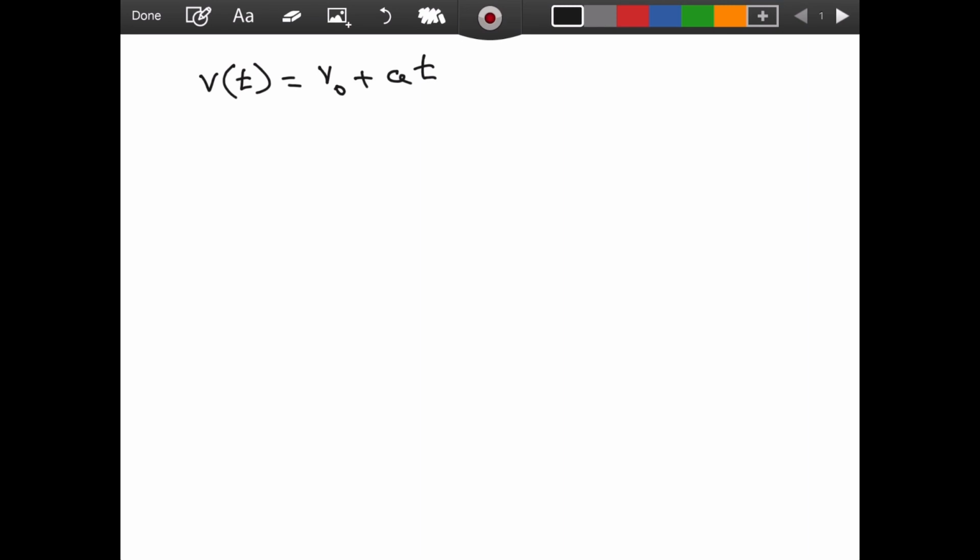But on the last video I did put the arrows, and they are there. These are vector quantities. So using this equation which we proved on the last video, I want to derive an expression involving final velocity, initial velocity, acceleration, but I don't want time. So I want to derive a time-independent equation.